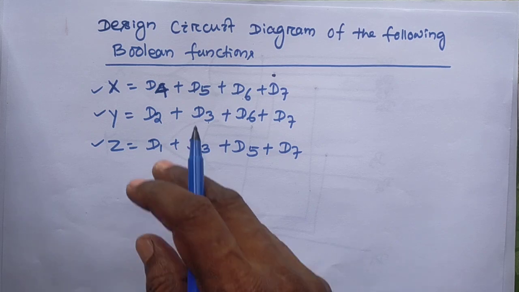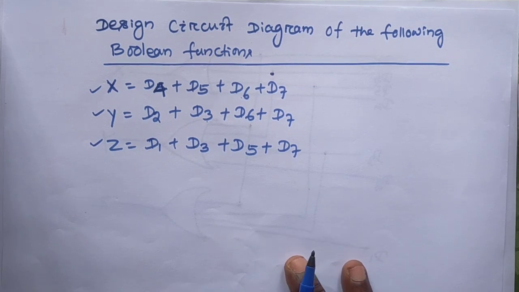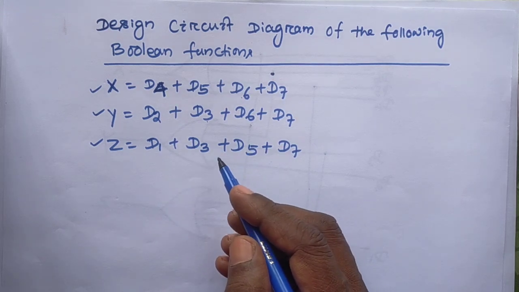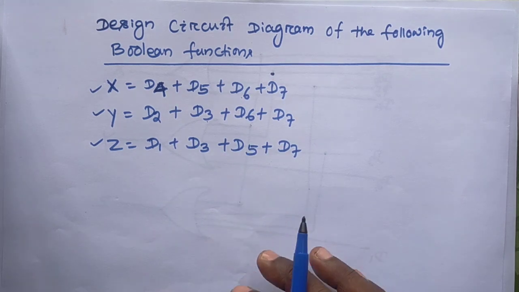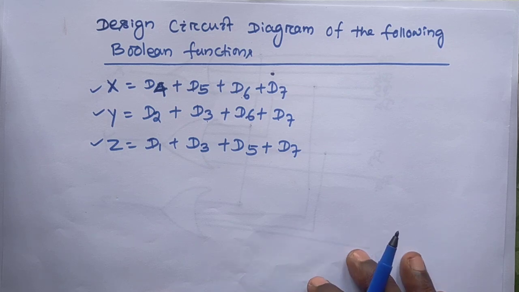If this kind of input is given, you just check what kind of logic gate to consider. Since it is an addition operator, we consider an OR gate. If a dot or multiplication operator is there, then we take an AND gate, and based on the requirement we create the circuit diagram.